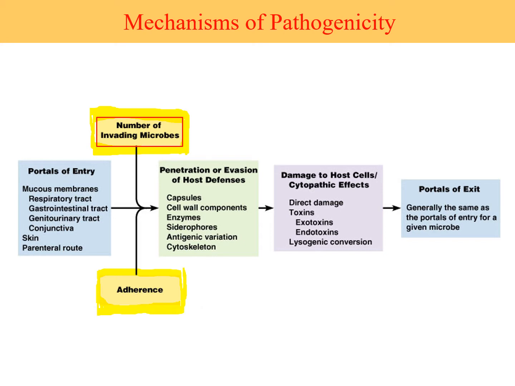If enough gets produced in those cells that it gets into the bloodstream, then it can also spread through the blood and infect cells lining the vascular system, because they also express the ACE2 molecule. So adherence and number of invading microbes are important considerations when you get entry through a portal.